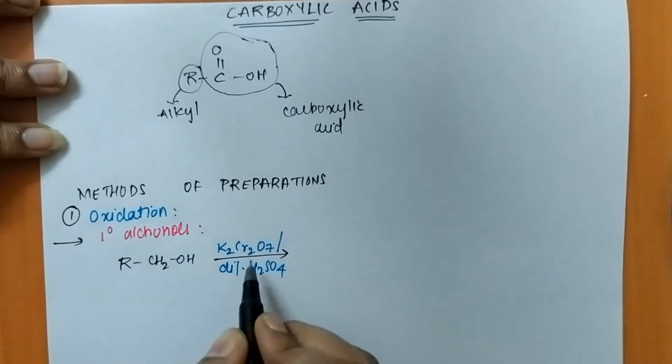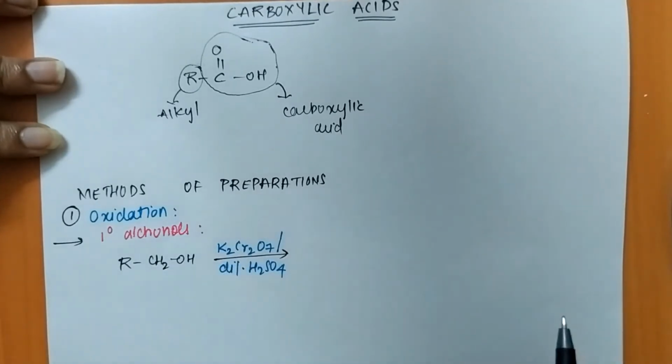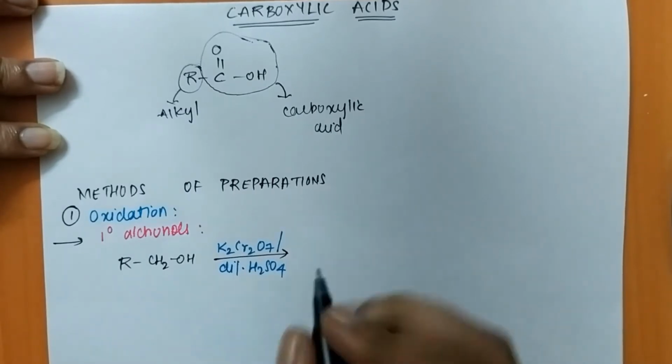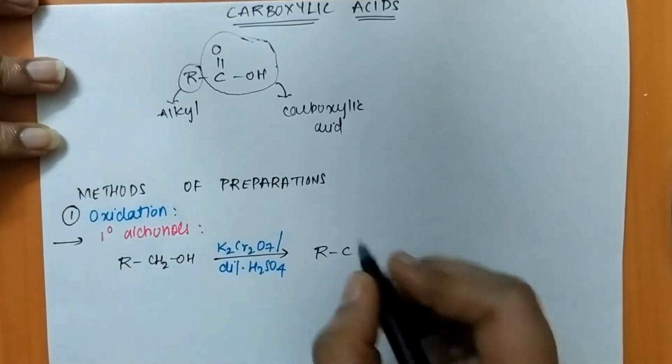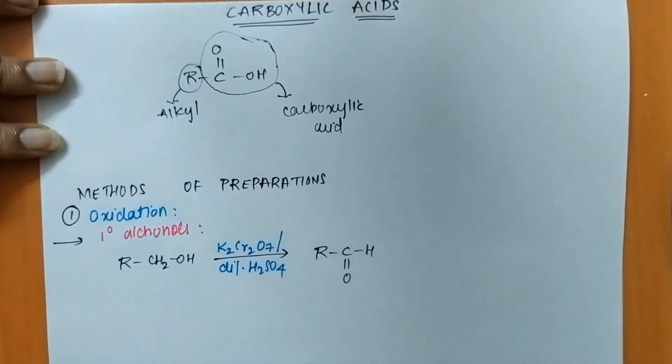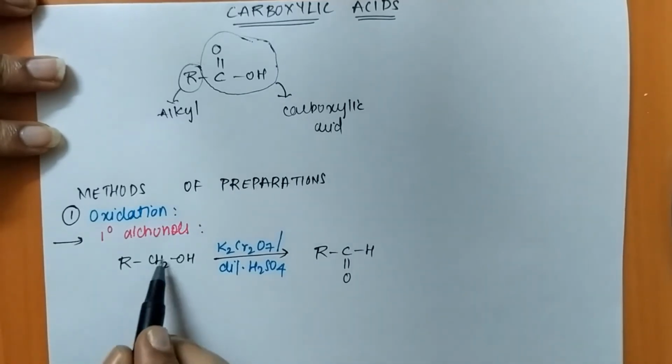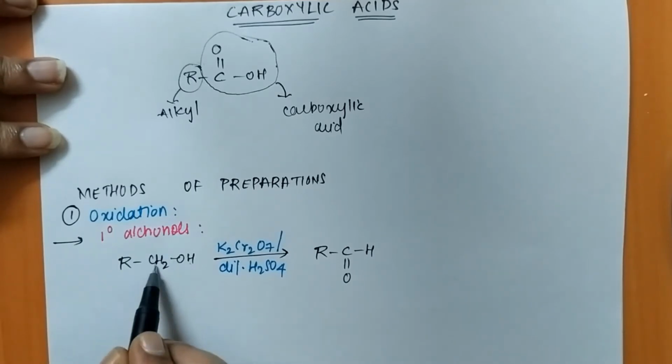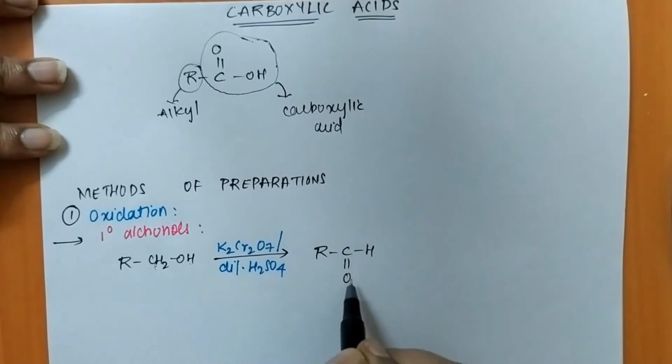When this oxidation reaction occurs, we get an aldehyde, because oxidation is the removal of hydrogen atoms and the addition of oxygen. Here, 2 hydrogens are removed, and ultimately we get an aldehyde.